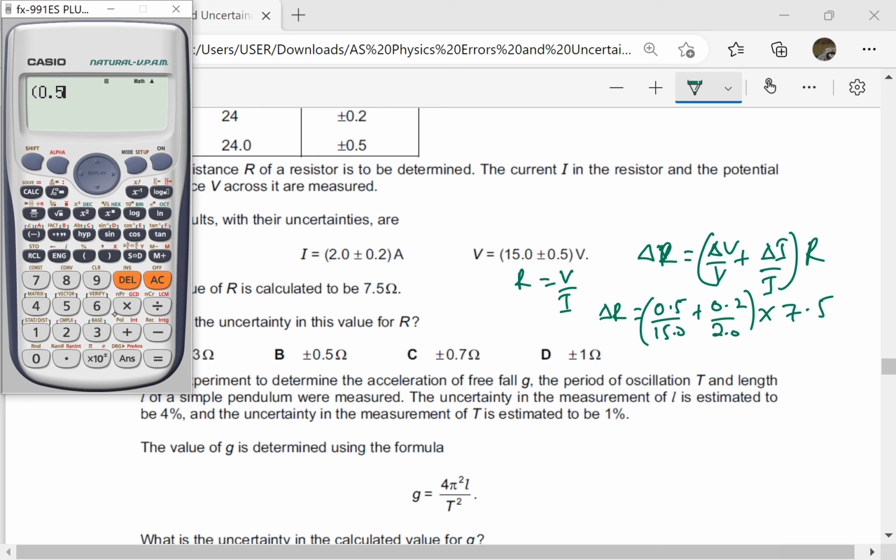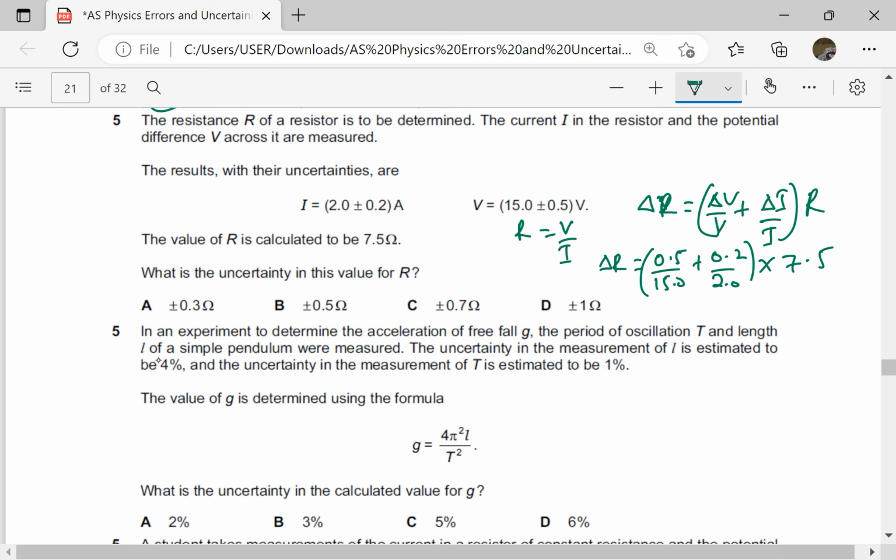So 0.5 divided by 15 plus 0.2 divided by 2, times 7.5, gives us 1. So this is going to be plus or minus 1 ohm.